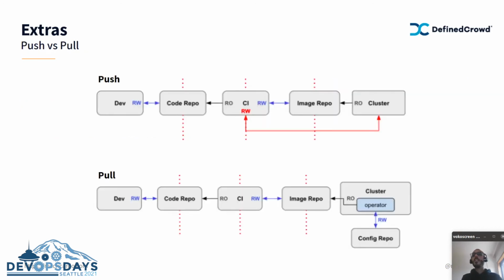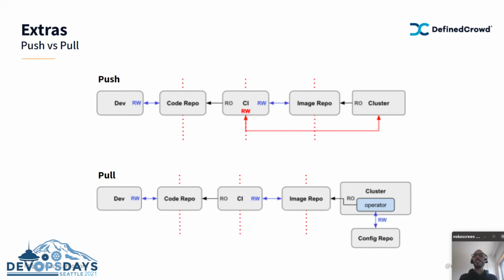Another question is when should I use push and when should I use pull? The idea for pull, instead of having a pipeline pushing something into a Kubernetes cluster, is to have an agent that lives inside the cluster, pulls the definition and knows what to do, for enhanced security. Imagine that you are using a multi-cloud installation.